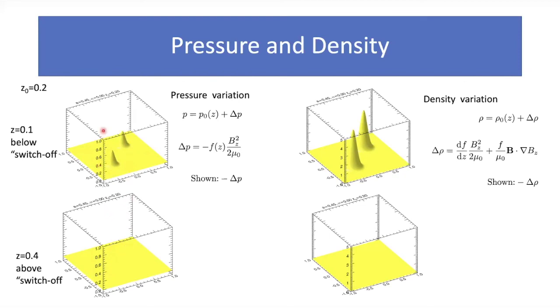So the z-axis here is not z, it's actually pressure. Whereas above the switch off, because we've switched it off completely, the pressure would be basically flat. So you had a hydrostatic atmosphere there. And the same goes for the density. You have an even higher change of density below the switch off, and above the switch off, everything's nice and stratified.